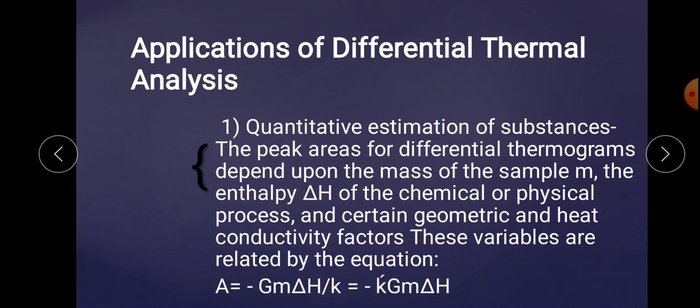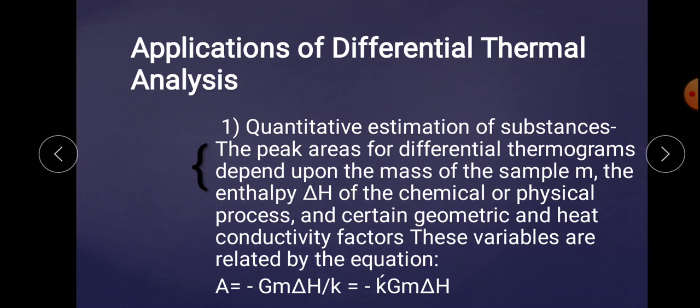The first application is that it is very useful in the quantitative estimation of a substance. Basically there are two types of analysis, qualitative and quantitative. When we discuss qualitative, we can find what kind of materials are present, that is, the quality of the compound.